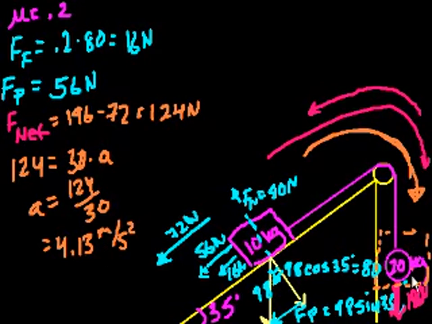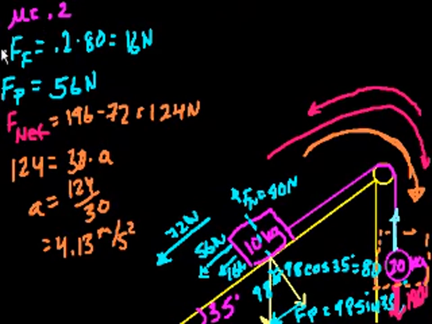If the wire wasn't there, it'd be accelerating at 9.8 meters per second squared, just the acceleration of gravity. So the wire must be exerting some upward force on the object, and that is the force of tension. That's what's moderating its acceleration from being 9.8 meters per second squared to being 4.13 meters per second squared.